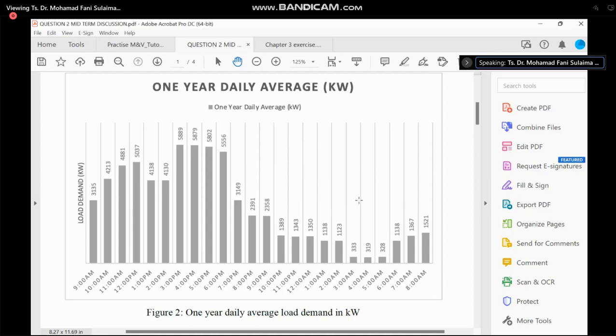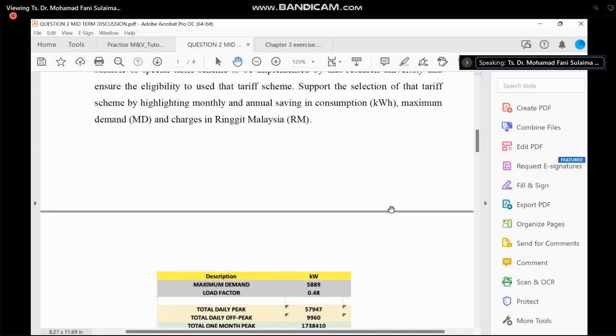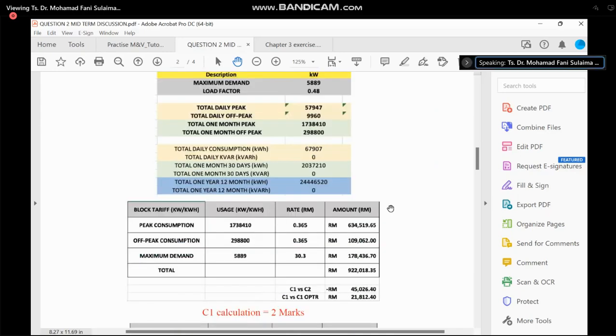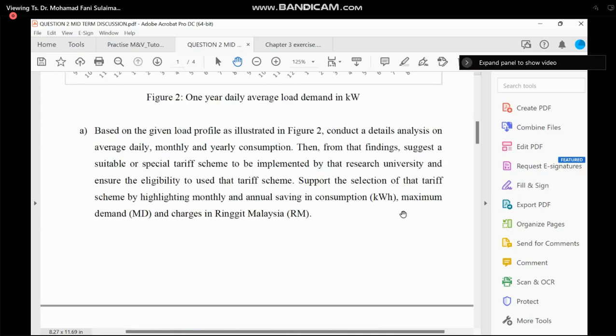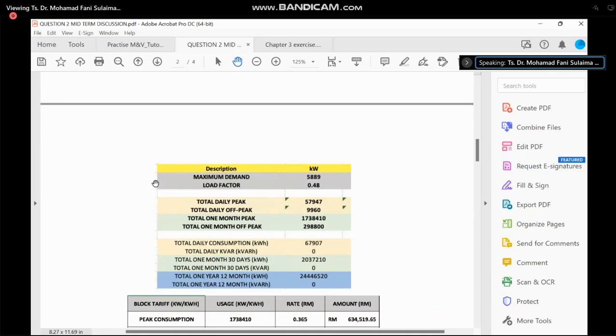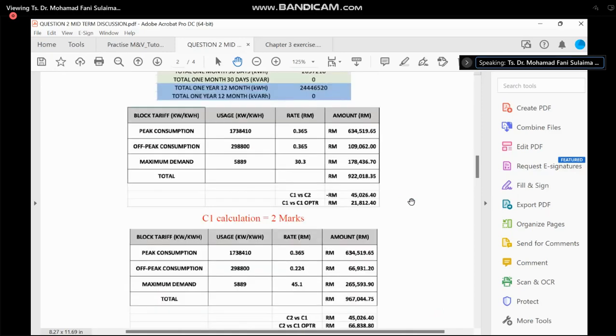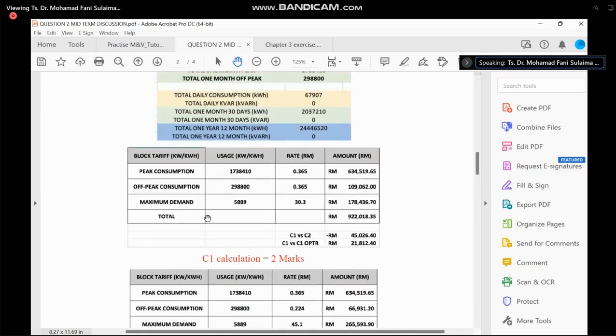For example, here the highest value during the peak hours is here, right? At 3 p.m. So put that maximum demand here, 5889 as the maximum demand in kilowatt, and just put that value in the table.